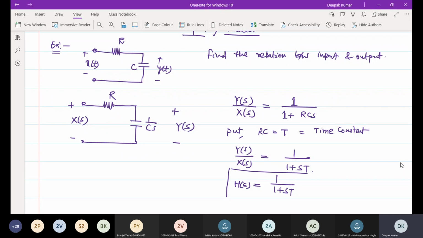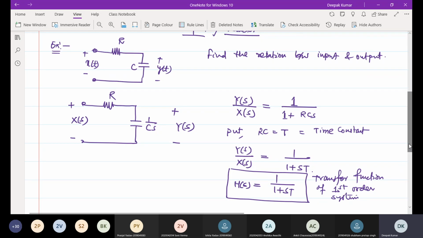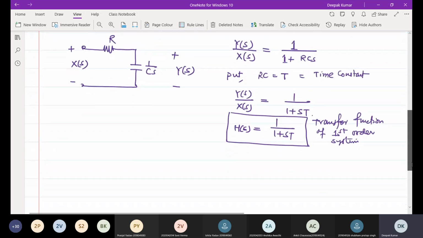This equation is the transfer function of a first order system. Why first order? Because only one storage element is present in the circuit.